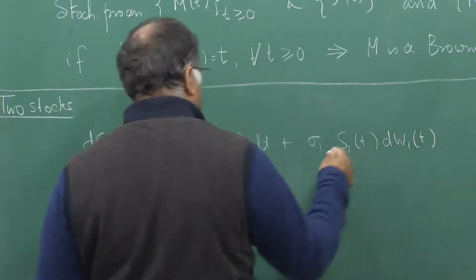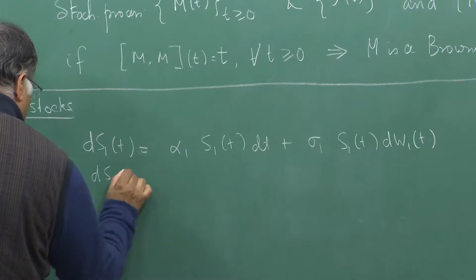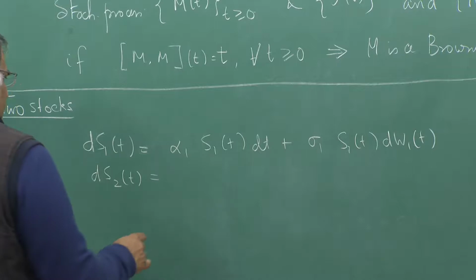This process only depends on the first Brownian motion, but now we will define a second stock price. This is just an example from Shreve, it is not that everything has to follow like that.